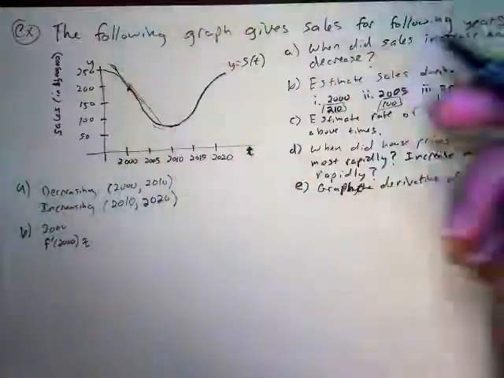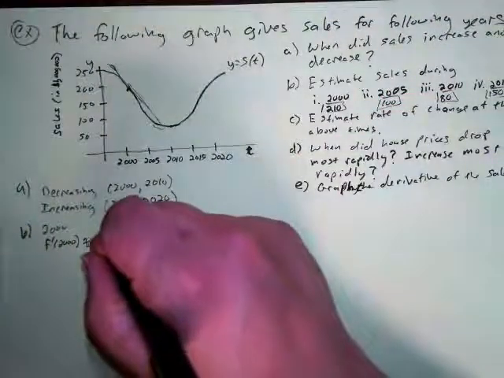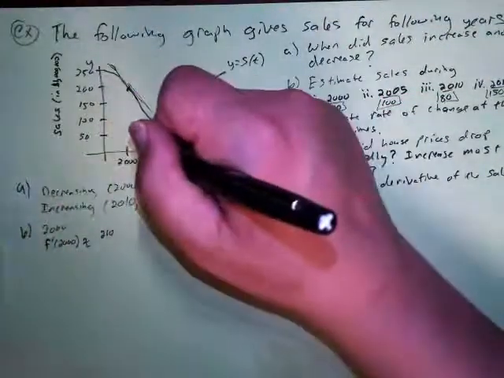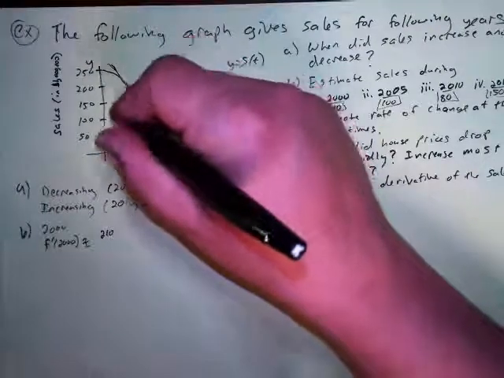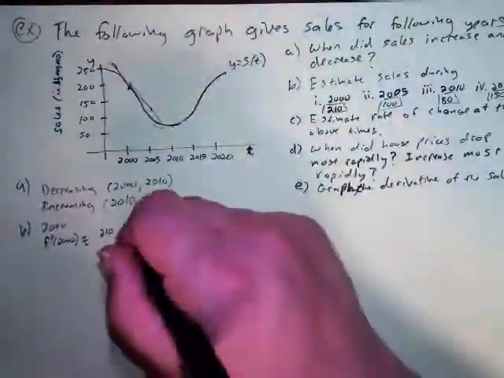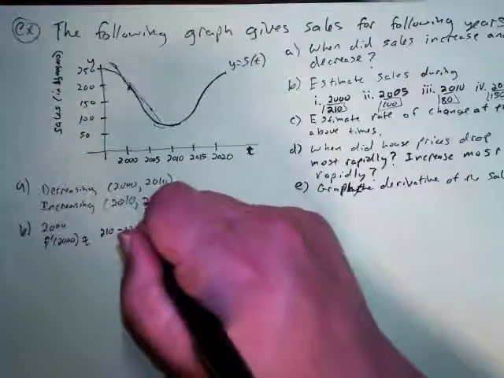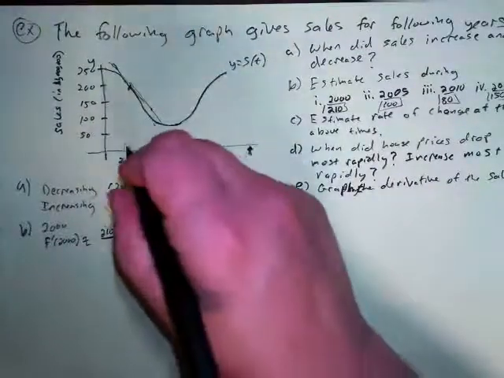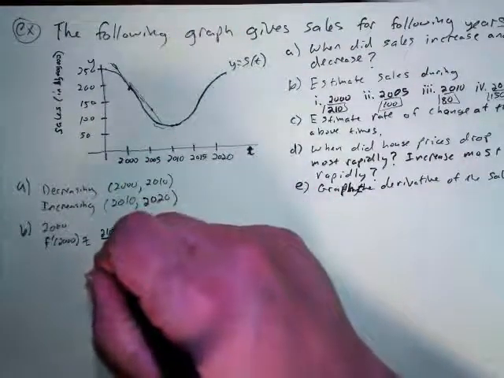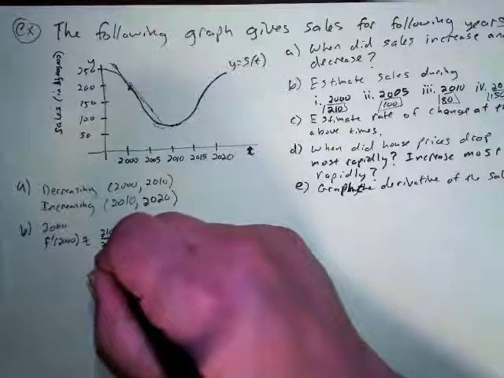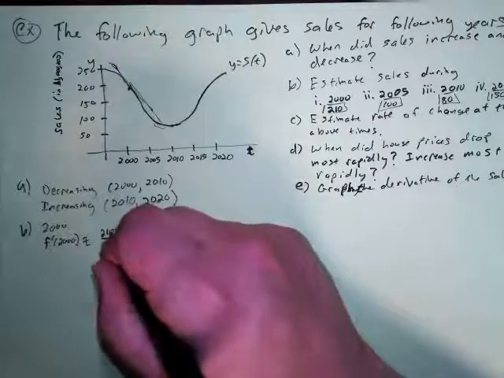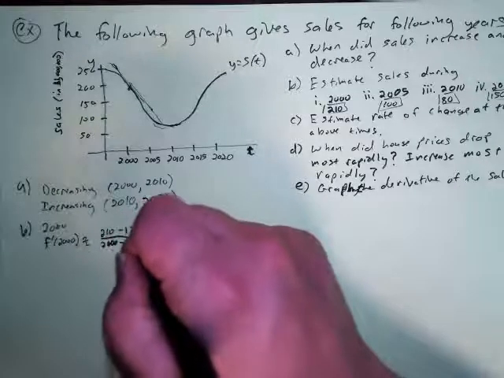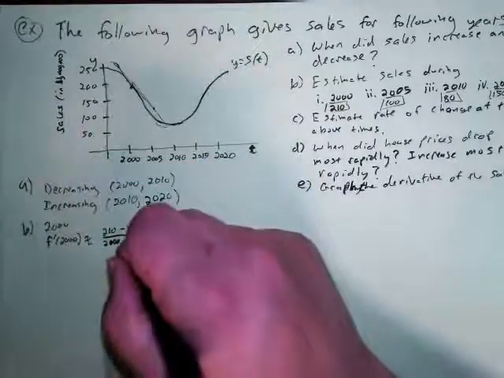And so I'm going to do 210 for this y value, and then if I go up here at 2005, I don't know, that's like I'll say 120, and then this is for 5 years, right? Or I could say 2000 minus, since this is my 2000 time, 2000 minus 2005.